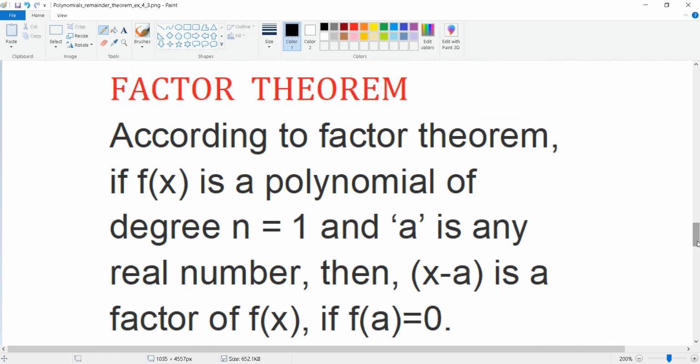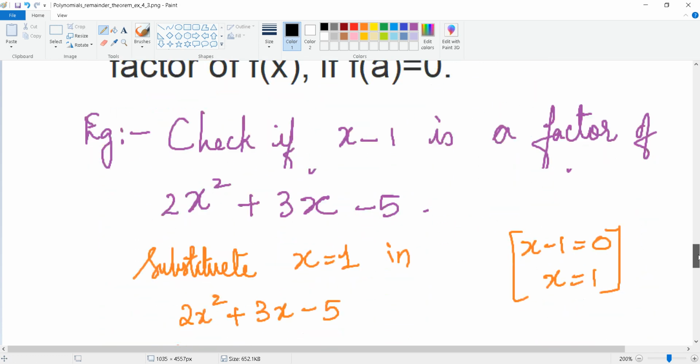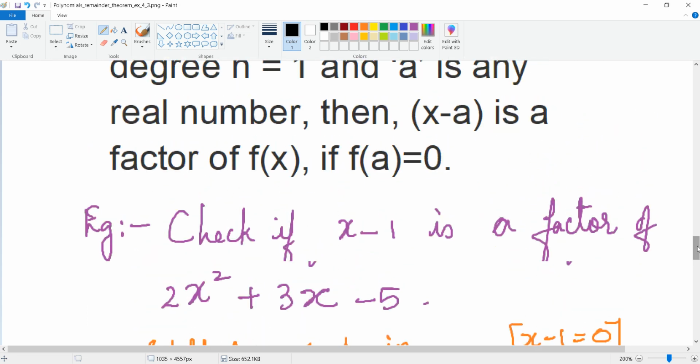See, the remainder theorem, what did we do in remainder theorem? We just took the number with which you're dividing it, right? You take it as x minus a. We are going to take that as a and we plug it into the polynomial for x, right? So the same thing we do over here also, and we try to find the remainder. Okay, and if the remainder is 0, then we call this particular term a factor.